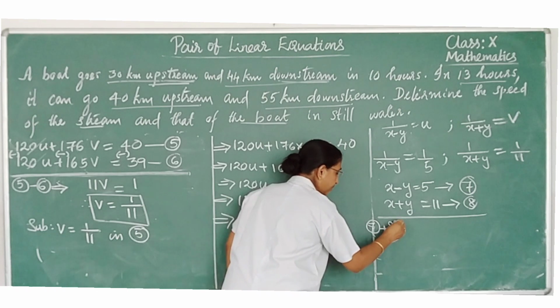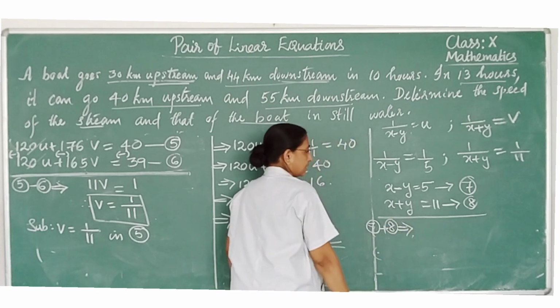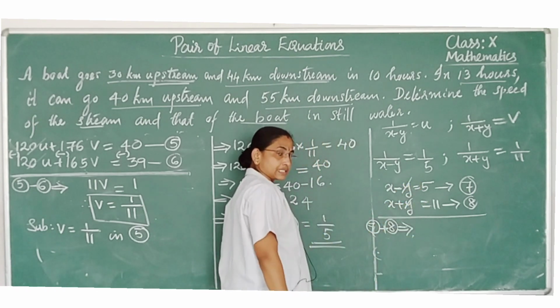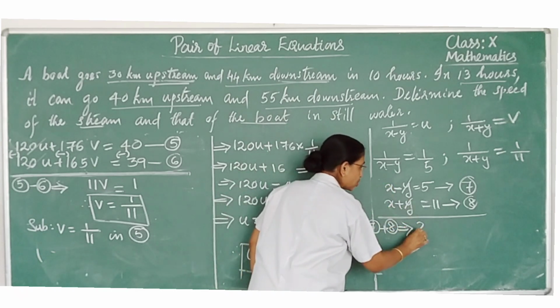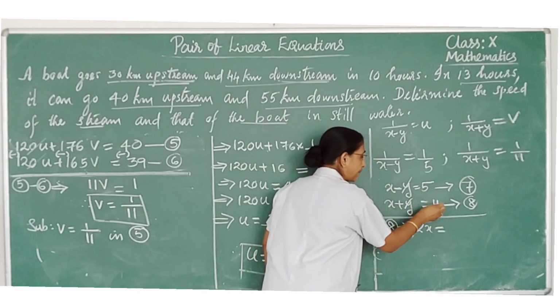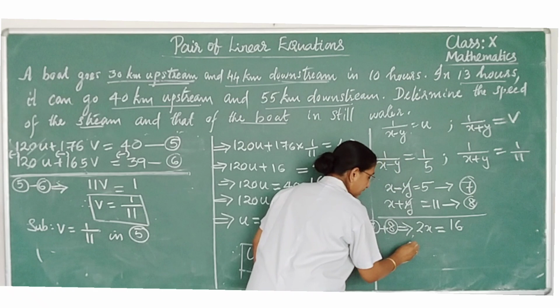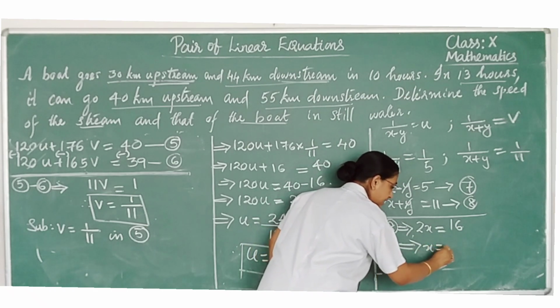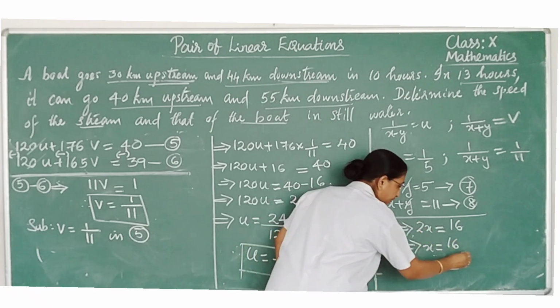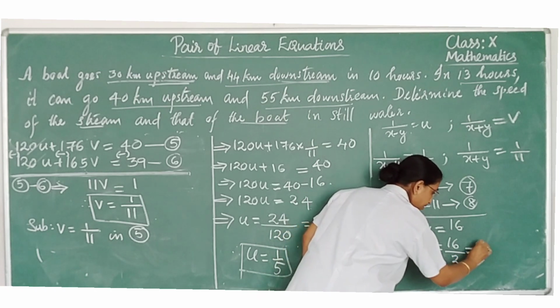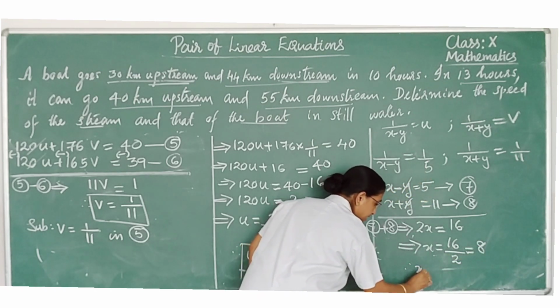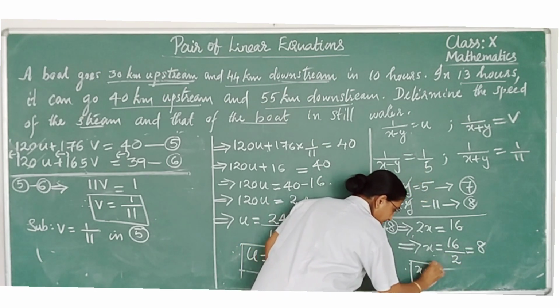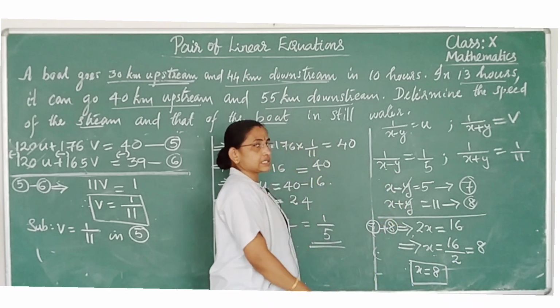When adding 7 and 8, minus y plus y gets cancelled. x plus x is 2x equals 5 plus 11, which is 16. Therefore, 2x equals 16. The multiplication with 2 goes to the right side and becomes division by 2. Therefore, x equals 8. Thus, we obtain the value of x as 8.